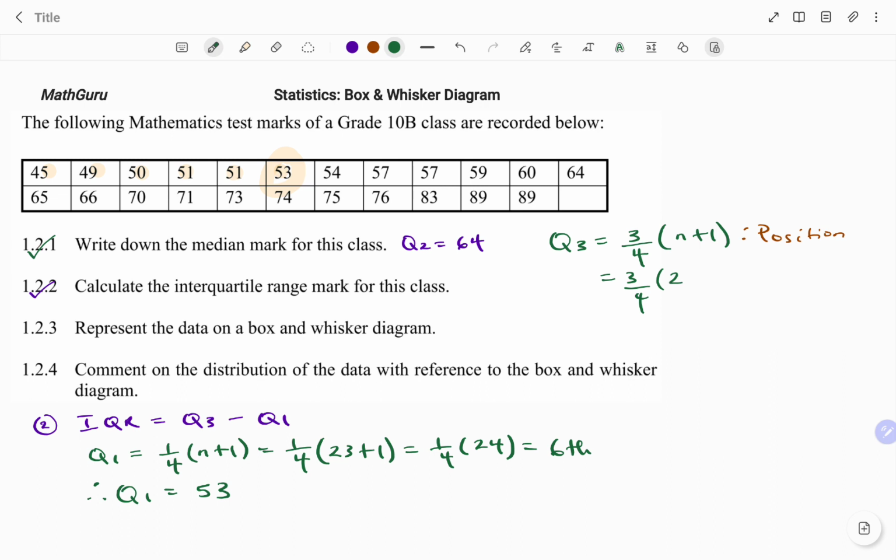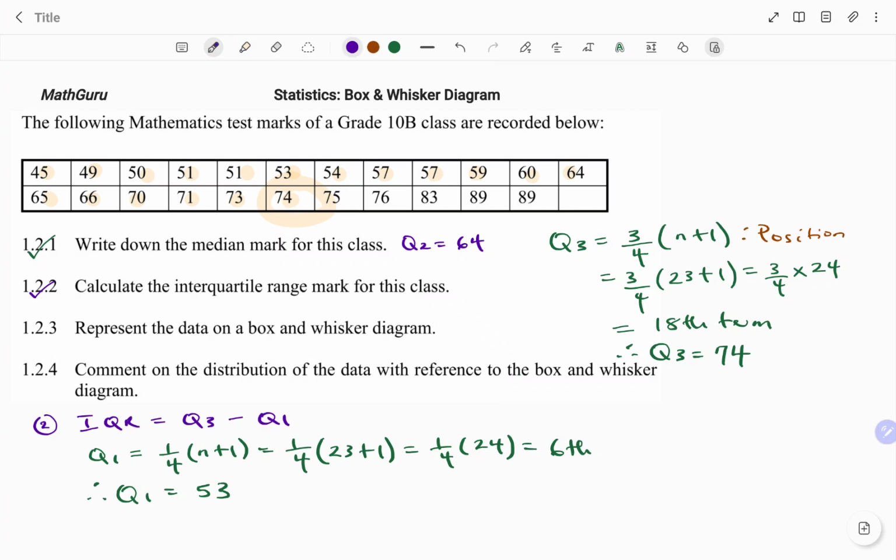That's 3 over 4 of 23, the total marks recorded, plus 1, that's 3 over 4 of 24. And that will be 6 times 3, that's the 18th term. So I need to find which mark is located in the 18th position. That's 1, 2, 3, 4, 5, 6, 7, 8, 9, 10, 11, 12, 13, 14, 15, 16, 17, 18. So that's 74. Therefore, Q3, the mark there, is 74.